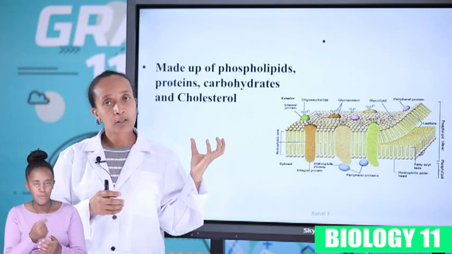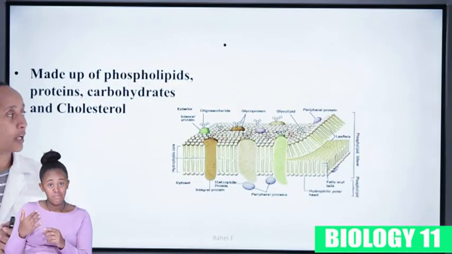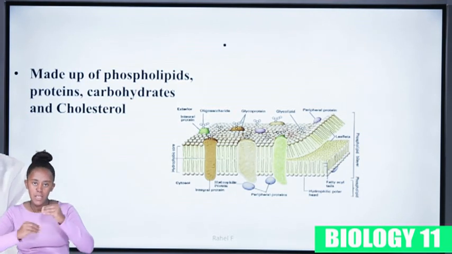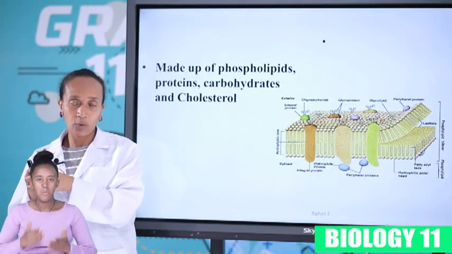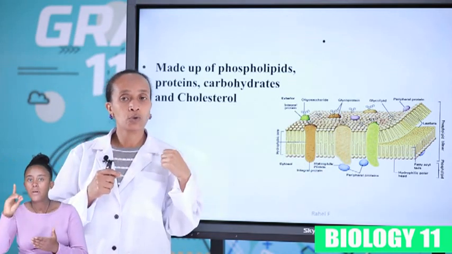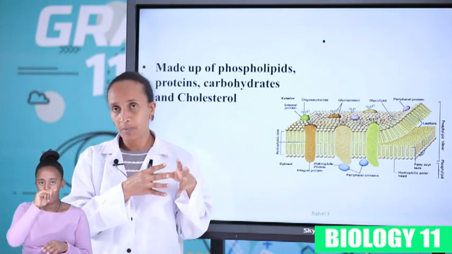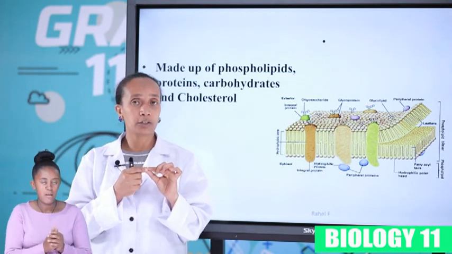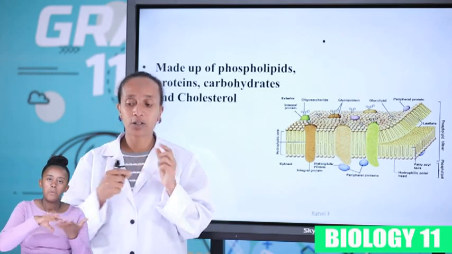And the other one is chloroplast. As I have said, it is the site of photosynthesis, and the inner part that contains the thylakoid is the liquid stroma. In the case of mitochondria, the inner part is the matrix, and the matrix is the site of cellular respiration, especially aerobic respiration.